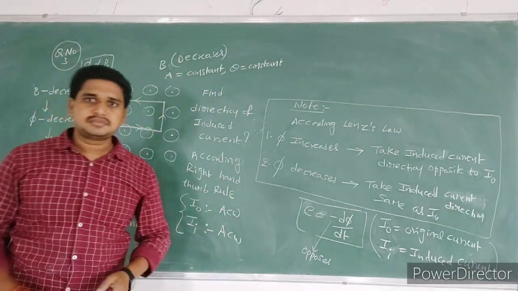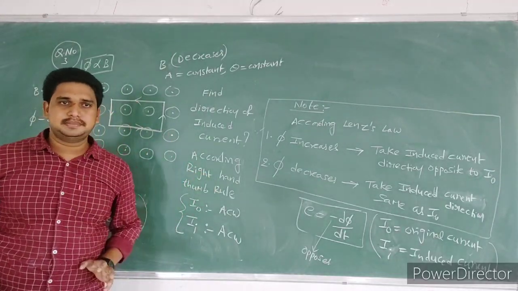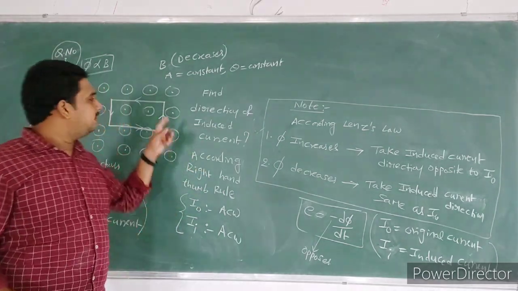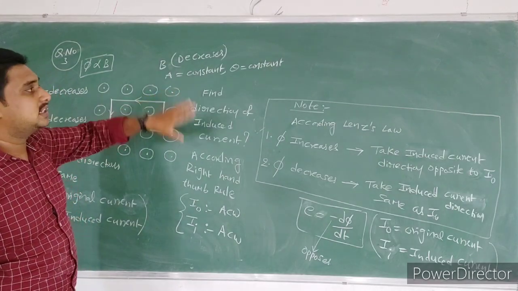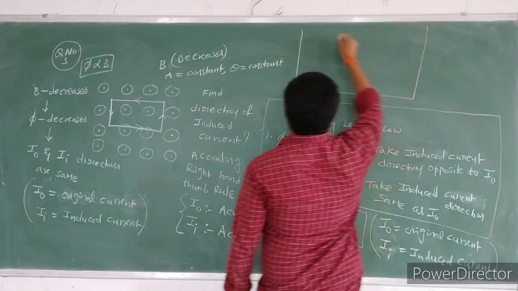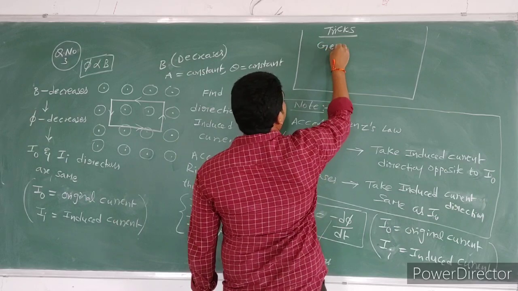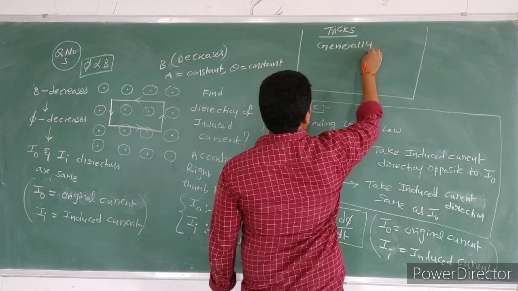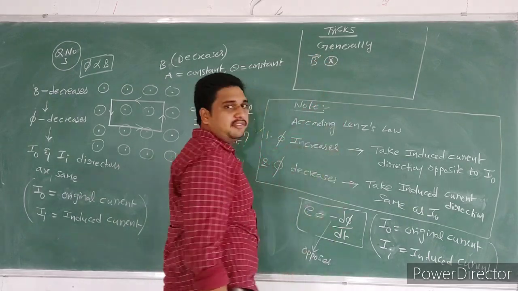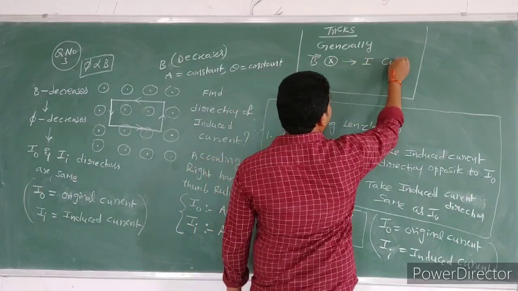Dear student, without applying the right hand thumb rule, I will tell you a simple memorizing trick for finding the direction of current if the magnetic field direction is given. Generally, if the magnetic field direction is into the page, then the electric current direction is clockwise.